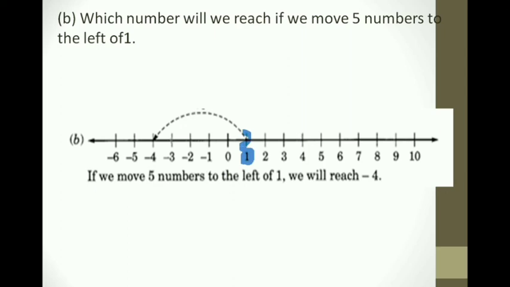So now we are taking 5 moves: 1, 2, 3, 4 and 5. Which number will come here? Negative 4. So if we move 5 numbers to the left of 1, we will reach negative 4. Listen here, this is the right hand side and this is the left hand side.